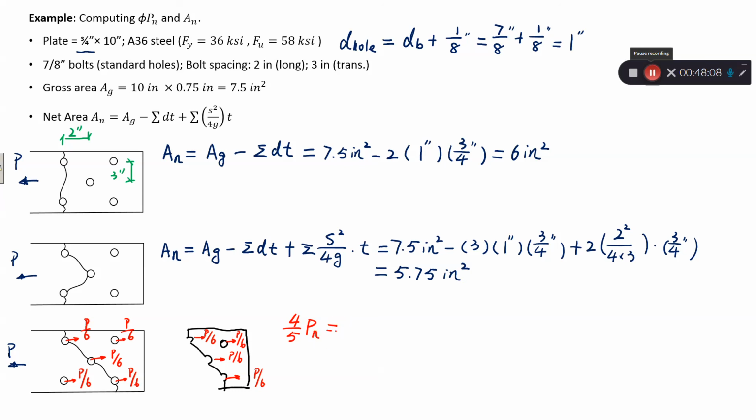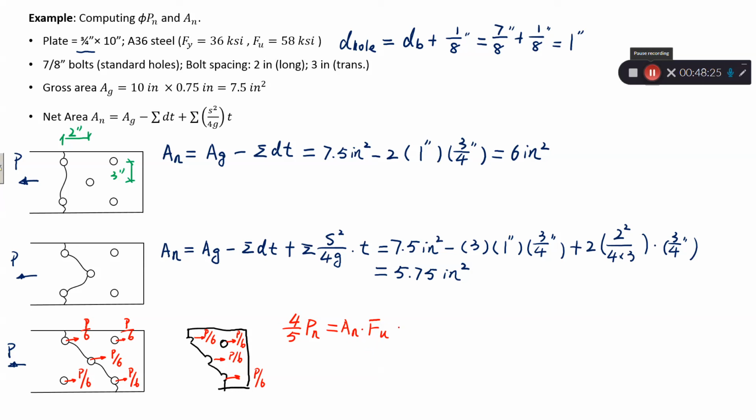Vn will be equal to AU. Oh, sorry, AN times FU.